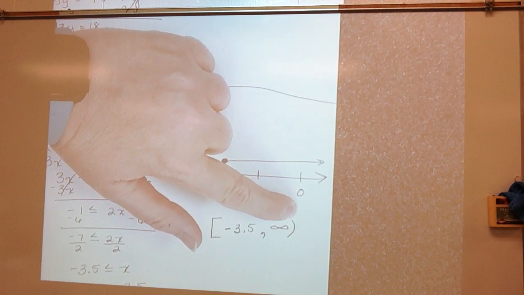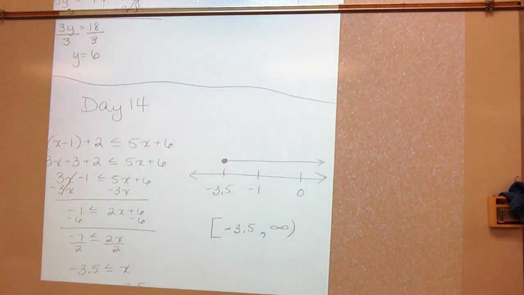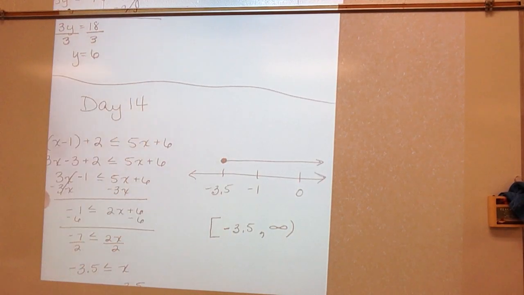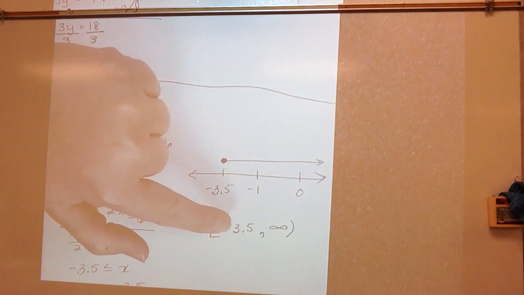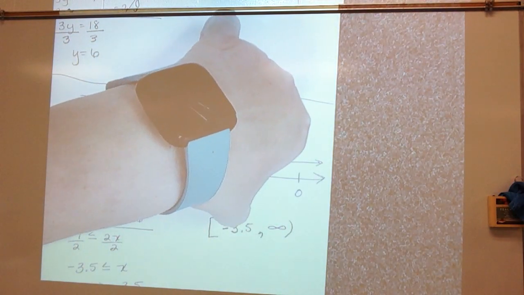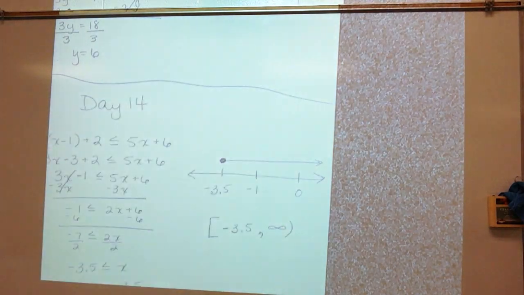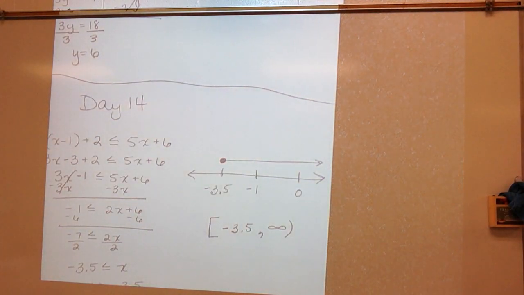So it's not stopping at infinity. All right, so this is my solution set for this inequality. This tells me that I start at negative 3.5, and I include that, and I'm going to go all the way up to everything positive, everything bigger than negative 3.5.